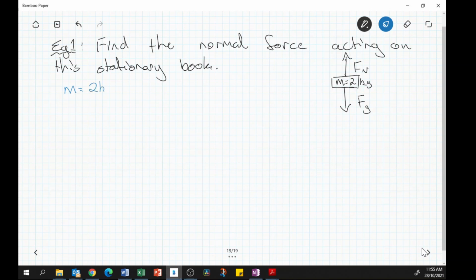Yeah, you're right. We do know that acceleration due to gravity, or g, is negative 9.8. But there's something else that we know about this book. Stationary. We know that acceleration is 0. Okay? Yeah, cool. Yeah, thank you, Hannah.